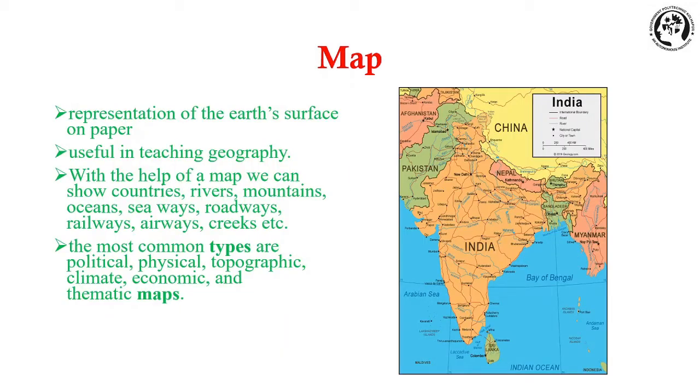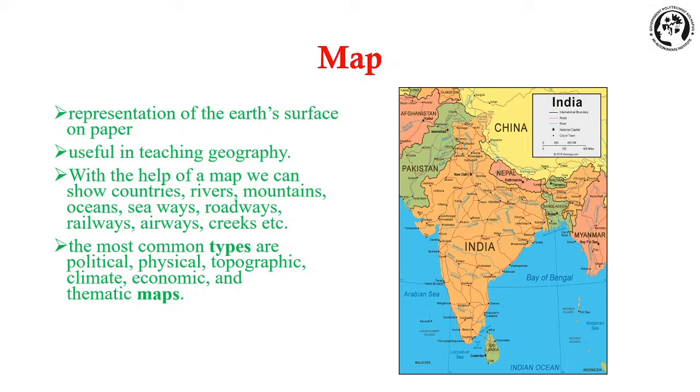The next type is map. Map represents the Earth's surface on a piece of paper. It is useful in teaching geography.